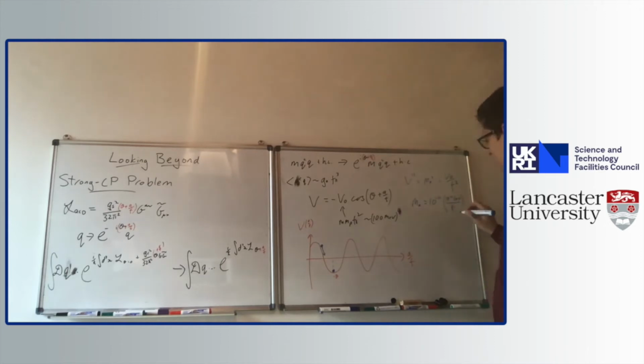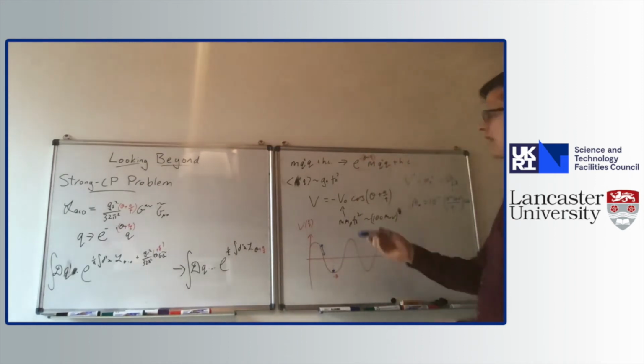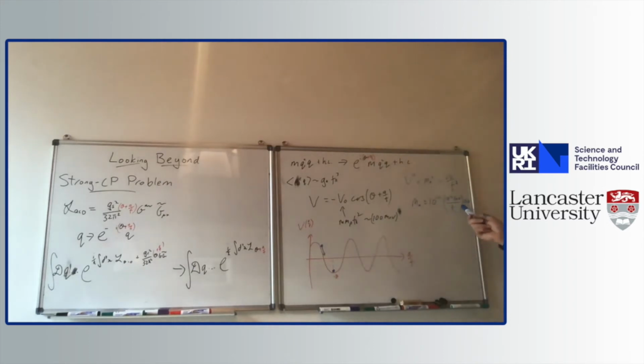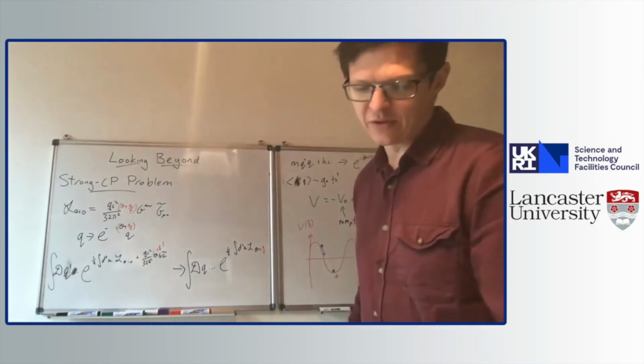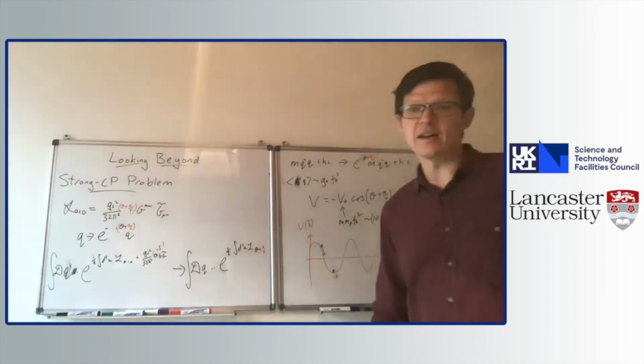So it scales inversely with f_axion. If f is large, if the axion decay constant, as we call it, which is just this parameter f, is very large, then the axion is very light. So if it were of order 10 to the 10 GeV or something like that, then the scalar field would be lighter than an electron volt.